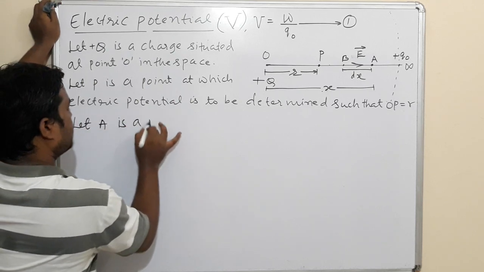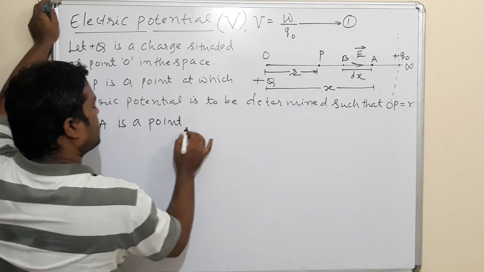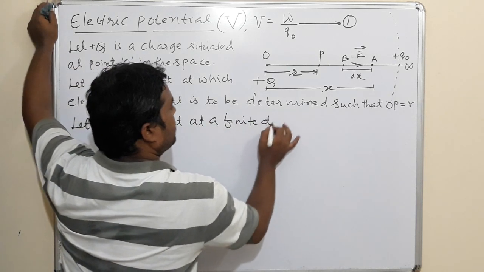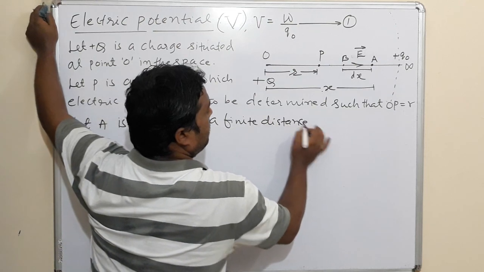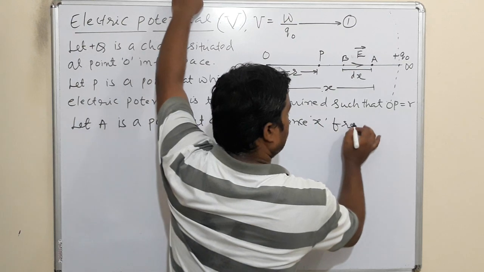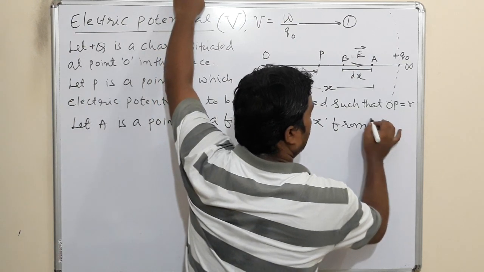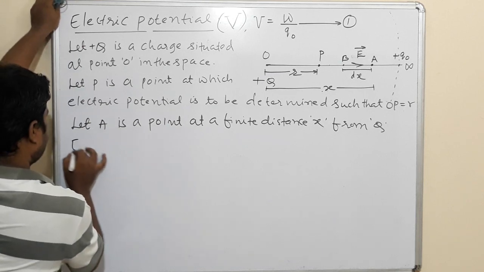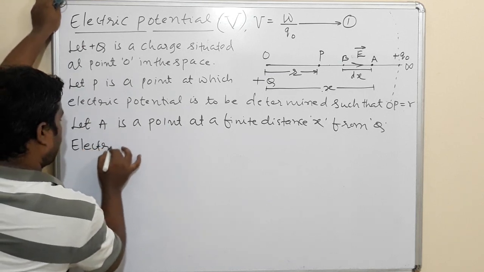Let A be a point at a finite distance x from Q. Can you tell me what is the electric field at A?